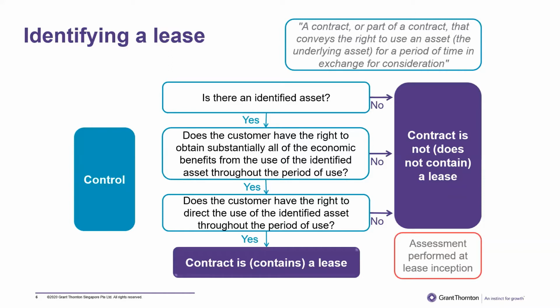They can decide when to open, when to close, or what purposes to use it for. Obviously, if there are restrictions, they will use the premises within the restrictions, but those restrictions will only be considered a protective right. That does not mean the landlord has a right to control the asset during the period of the lease. So for instance, you have an office lease which says you can't use it for residential purposes. As long as it's for office purposes, you can run different types of businesses. But you still have the control.